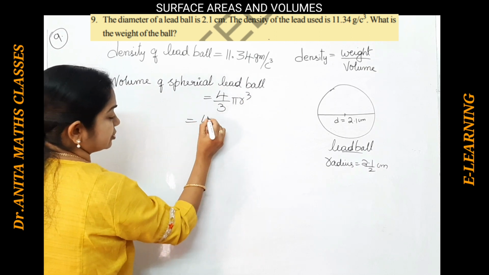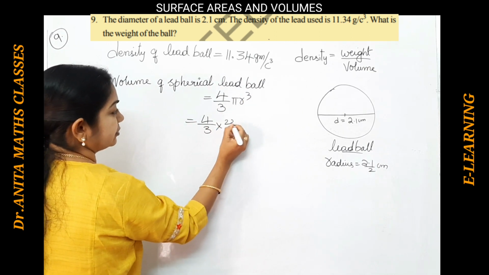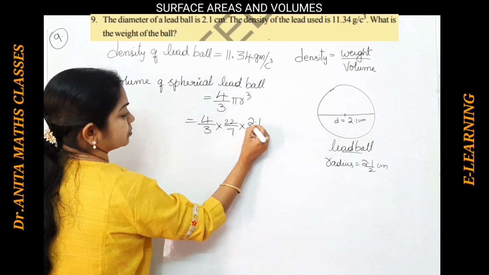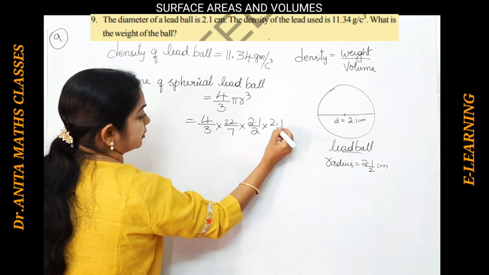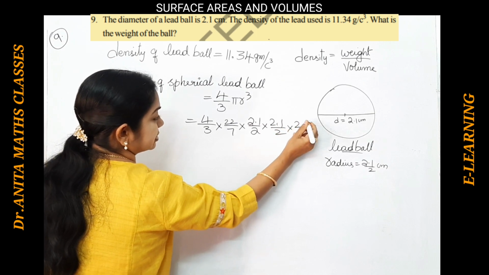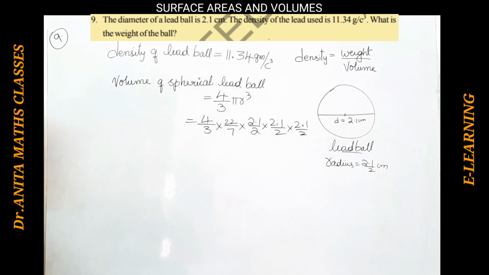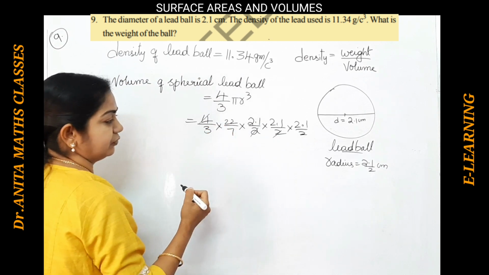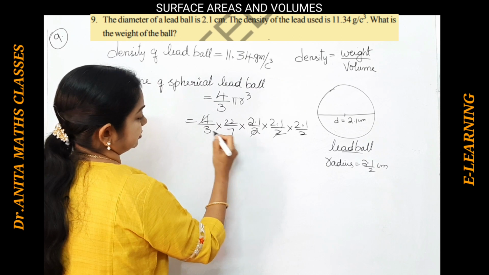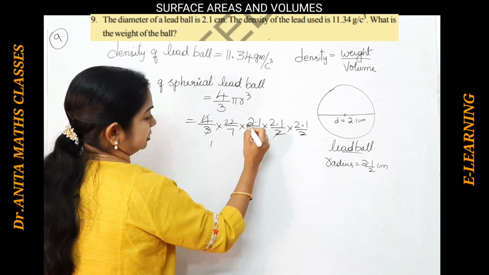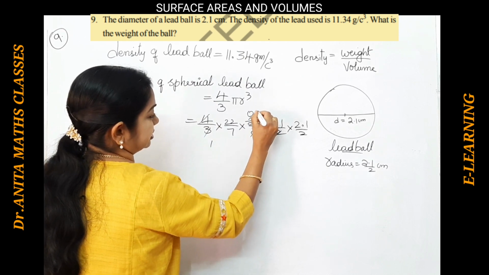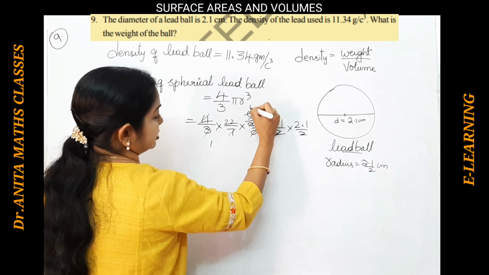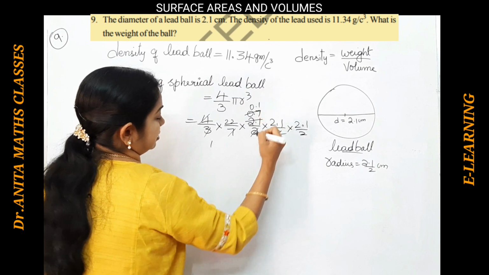So we substitute 4 by 3 into 22 by 7 into the r value, 2.1 by 2, whole cube. We cancel 2 and 2 goes with 4. 3 ones are 3. 7 3s are 21, 7 ones are 7.